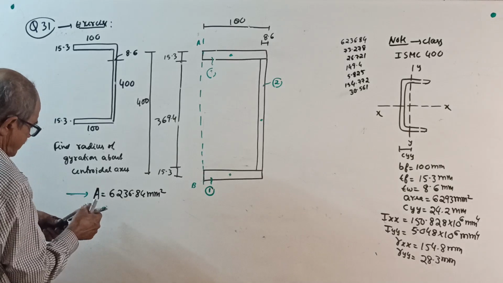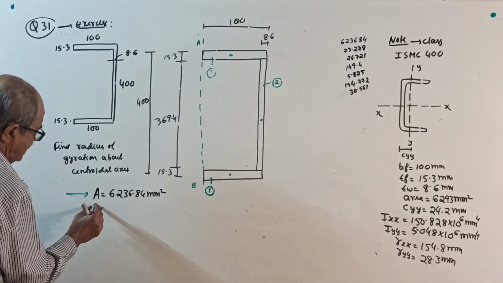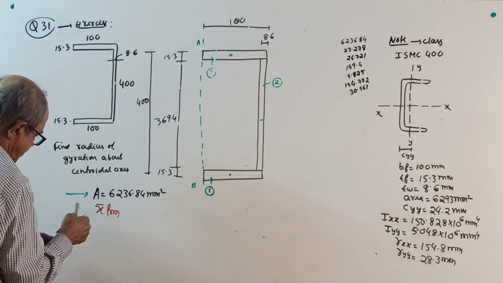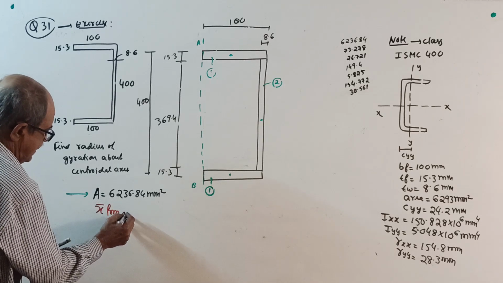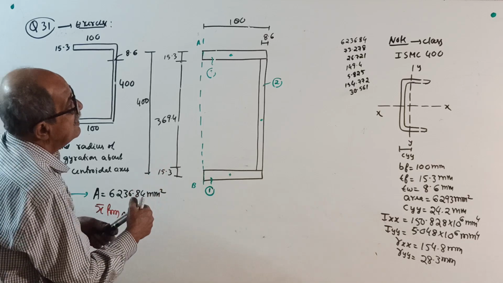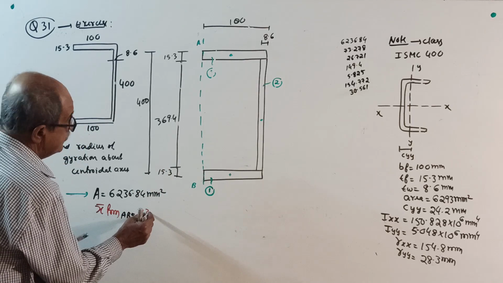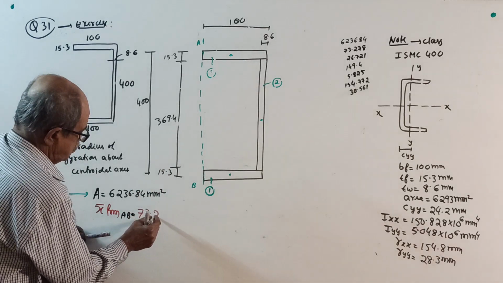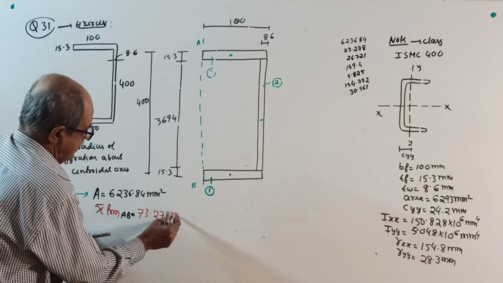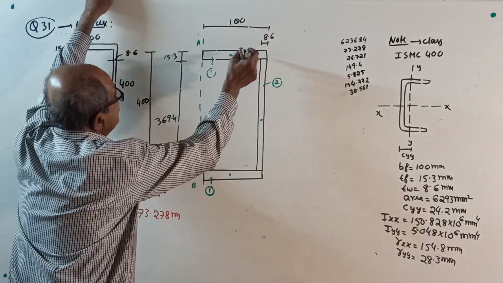Then calculate X bar from AB. You will get 73.278 millimeter. Locate, 73 means somewhere here.